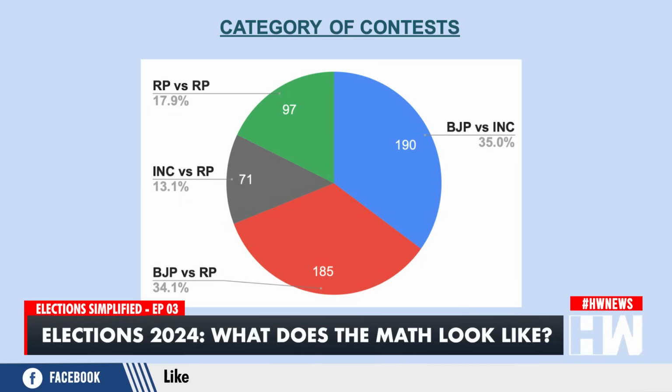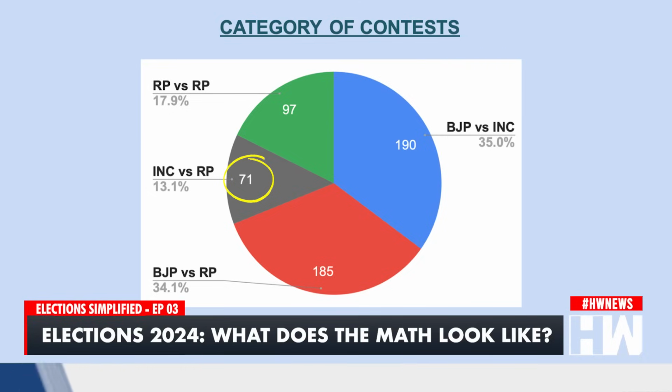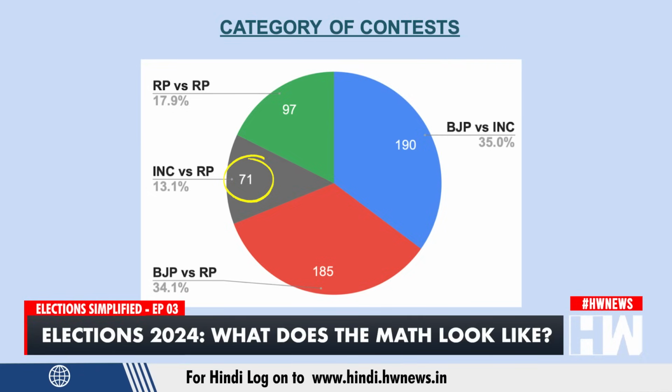There are 185 seats where there could be a BJP versus regional party contest. There are 71 seats where there could be a Congress versus regional party contest. And there are 97 seats where there could be a regional party versus regional party contest. So these are the 4 categories of contests which we are likely to witness in 2024.